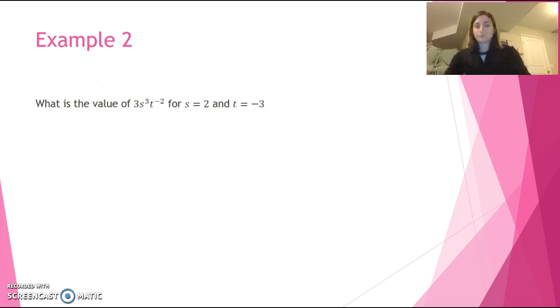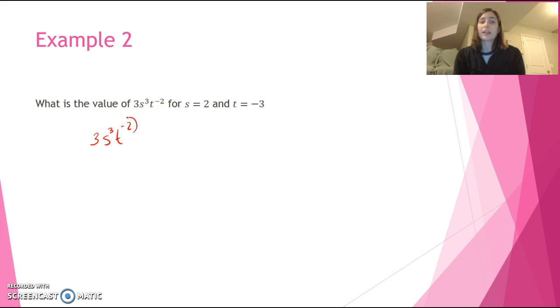So now, how do we evaluate if it gives us variables? My suggestion is we take the original, and if I can do anything to it first to simplify the expression, plugging in will be easier later. You're going to make fewer mistakes. So, because I have this negative exponent, I'm going to move that to the bottom.